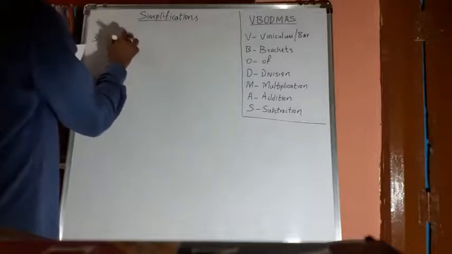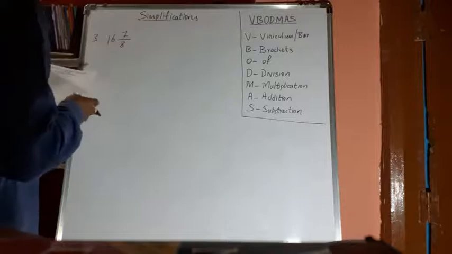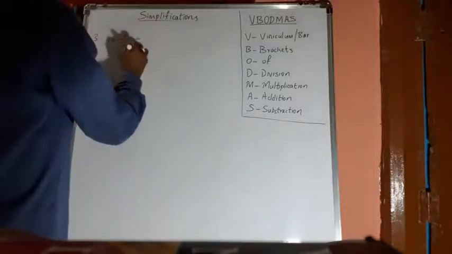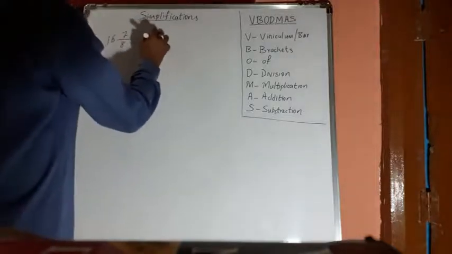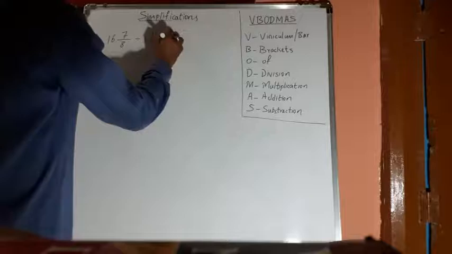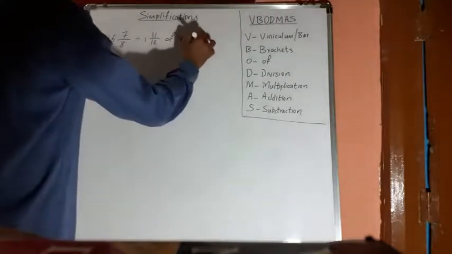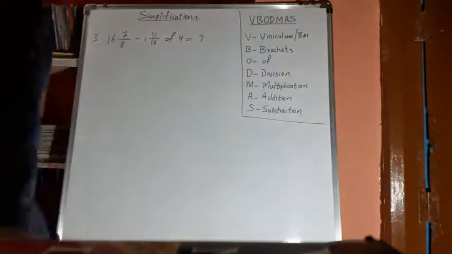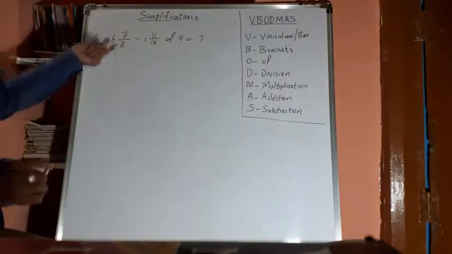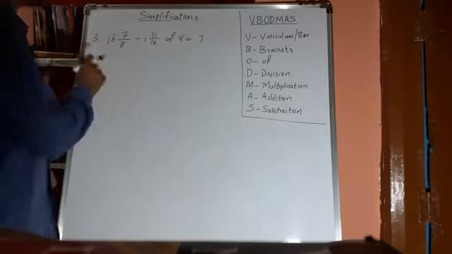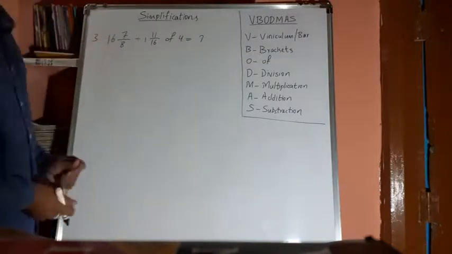16 integer 7 by 8 divided by 1 integer 11 by 16 of 4 is equal to question mark. So again convert into the proper form, friends. How much is 16 into 8?